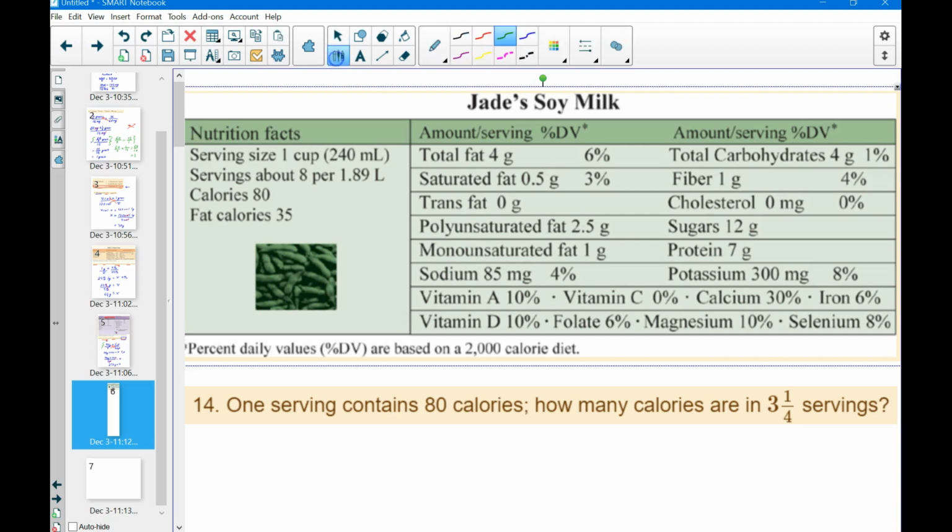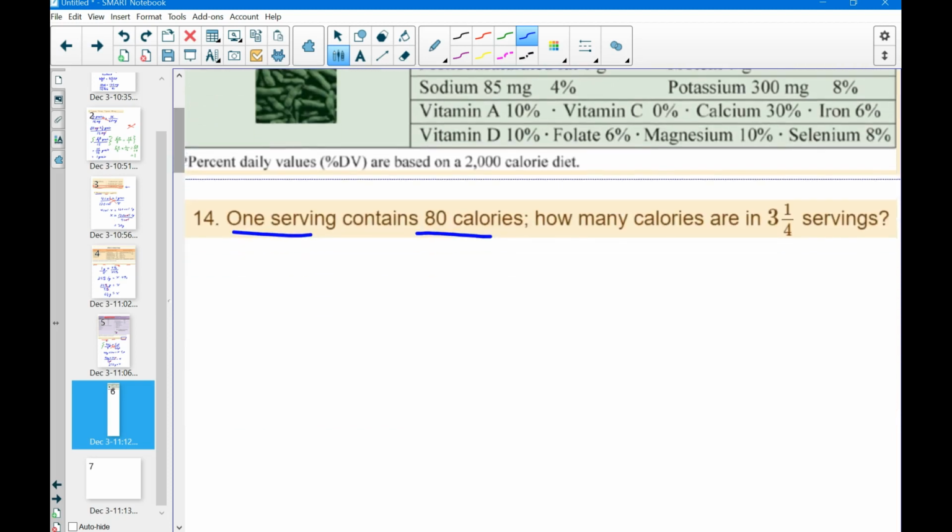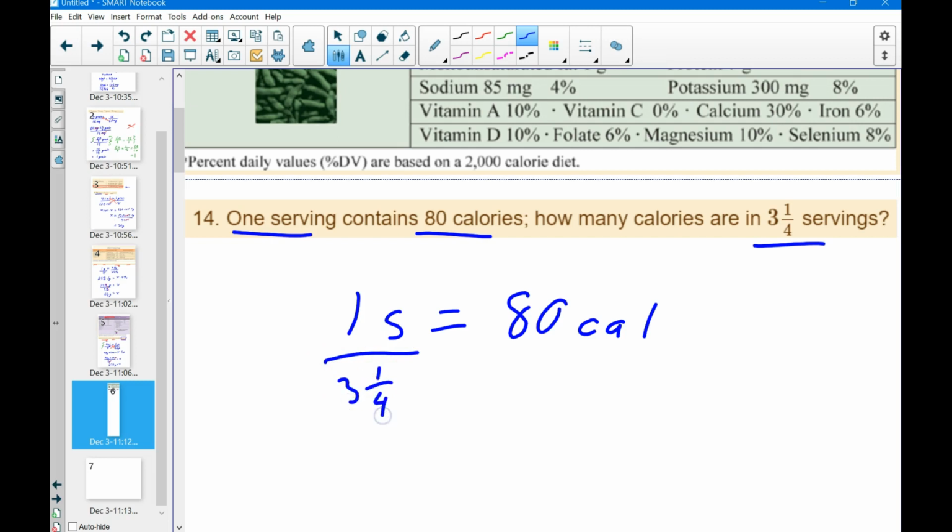So starting with setting up our equivalence relationship, it says one serving contains 80 calories. So one serving right here is going to equal 80 calories. And we have 3 1/4 servings, sorry, which is going to be 3 1/4 servings.